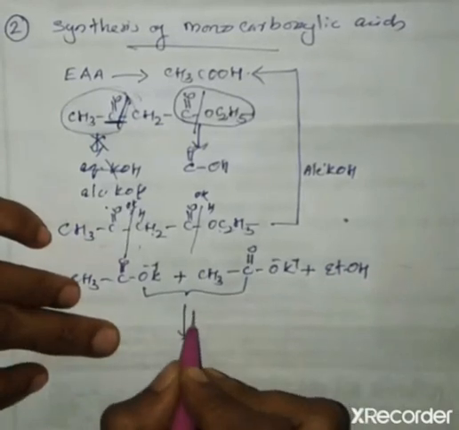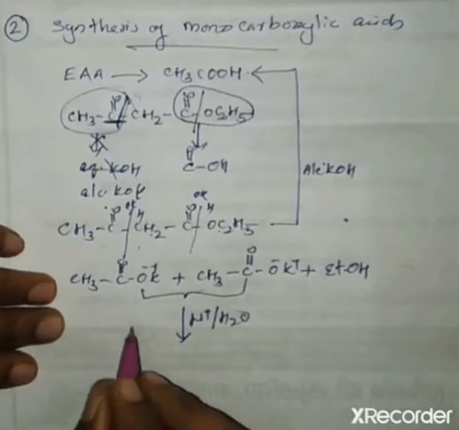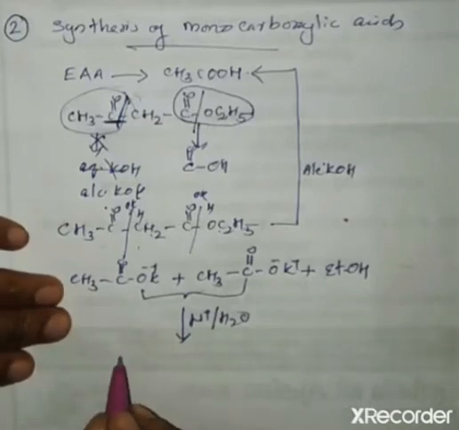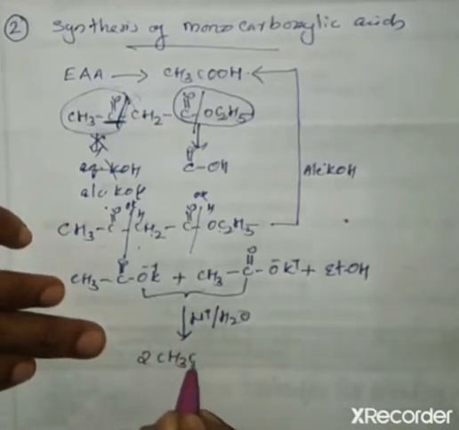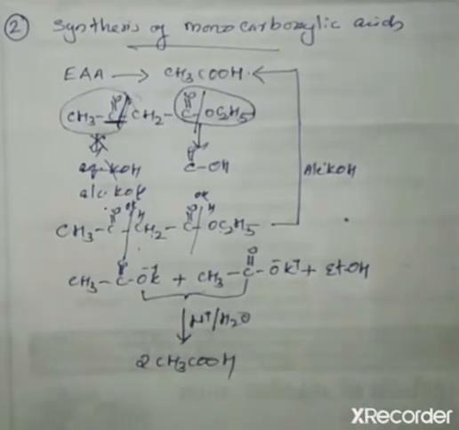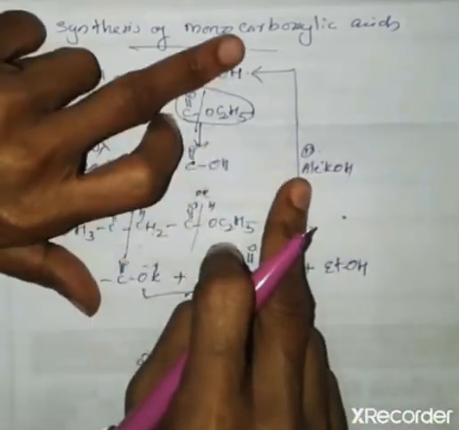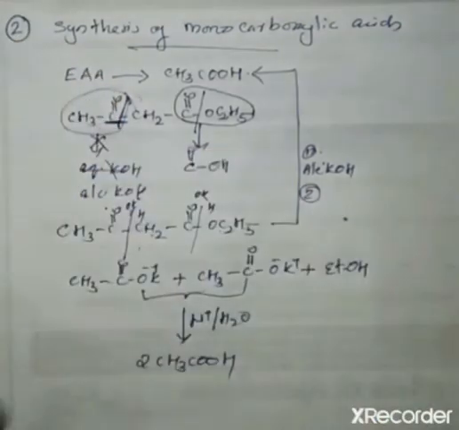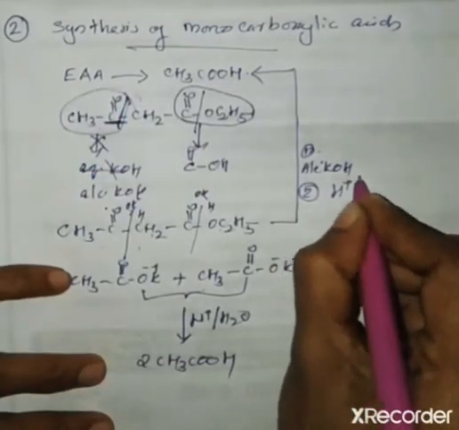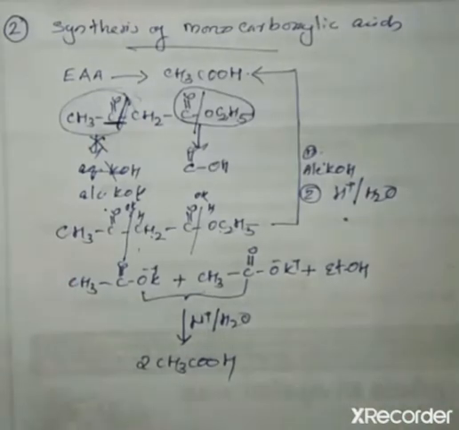On acid hydrolysis, we can convert this into acetic acid. This becomes 2 molecules of CH3COOH. So when we convert ethyl acetoacetate into acetic acid, the first step is treatment with alcoholic KOH, and then it undergoes acid hydrolysis. Okay, so we get the acetic acid.